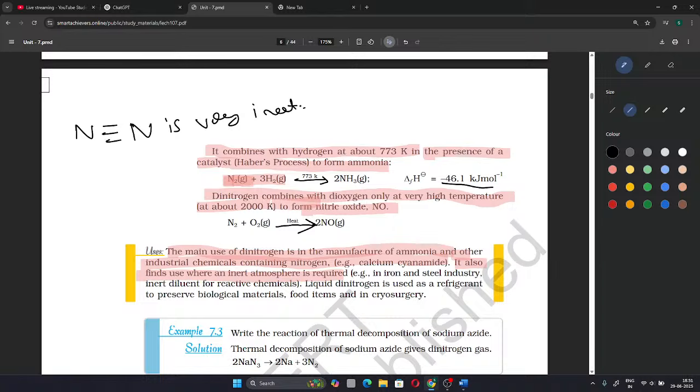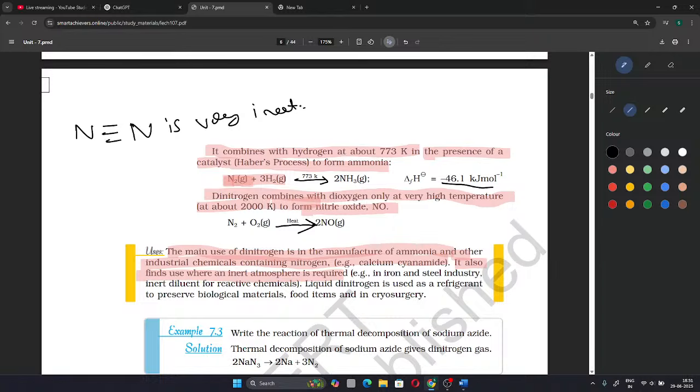So in the iron industry or the steel industry, if other gases like oxygen are there, it will easily react at very high temperature and form ferric oxides, which are useless and not needed. So instead of that, the industry can use nitrogen, which is inert, instead of oxygen.